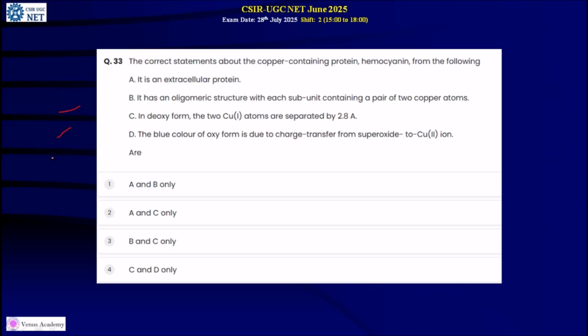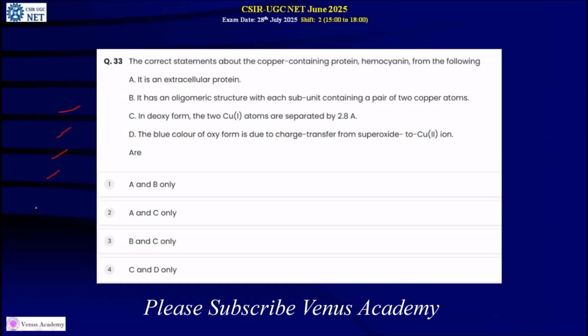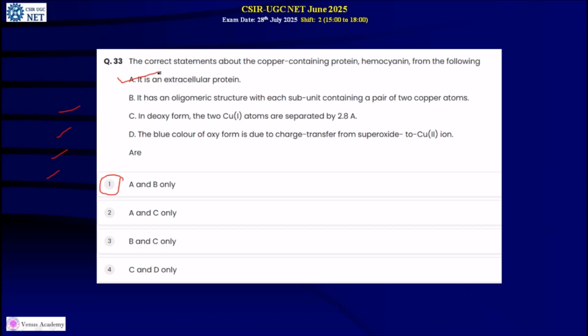Statement D, the blue color of oxy form is due to charge transfer from superoxide to copper 2 ion. For question number 33, option number 1, that means A and B: it is an extracellular protein, and it has an oligomeric structure with each subunit containing a pair of 2 copper atoms, are correct options, students.